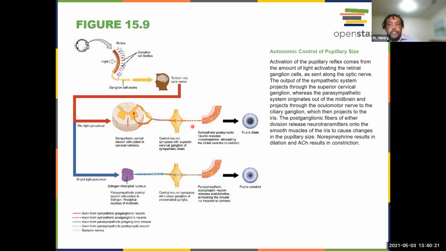That central neuron synapses with the ciliary ganglion of the prevertebral ganglia, and then the parasympathetic postsynaptic neuron is going to release acetylcholine, and that's going to stimulate our pupils to contract. So in that case we just get contraction.